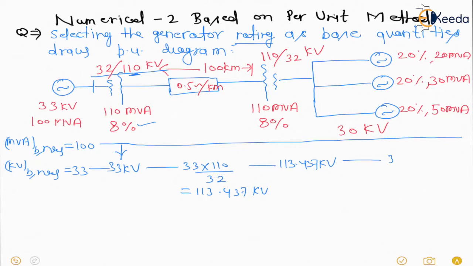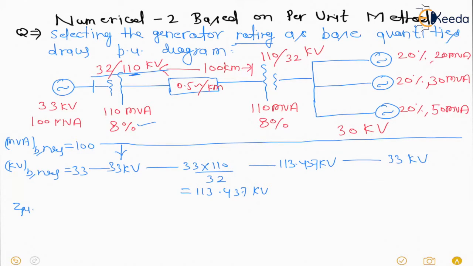When you calculate, this comes out to be 33 kV. So these are the new base voltages and new base power. Now we are going to calculate. For generator number 1 we do not need to calculate differently, because we select the generator rating of this first generator for the entire circuit.